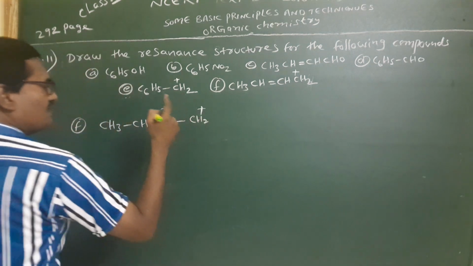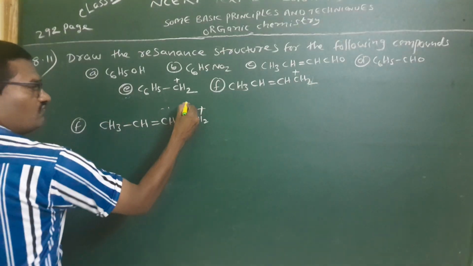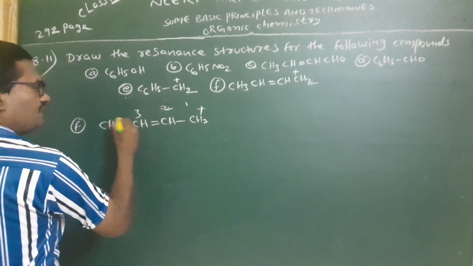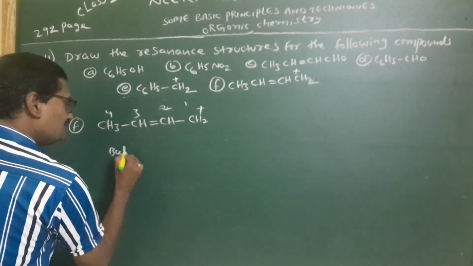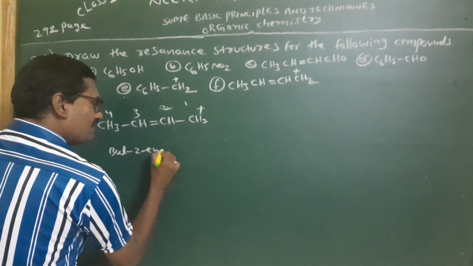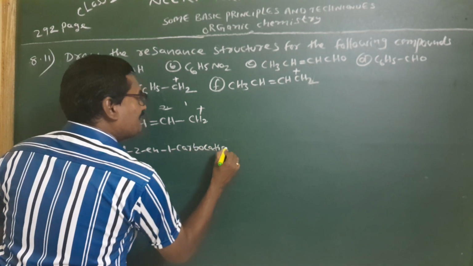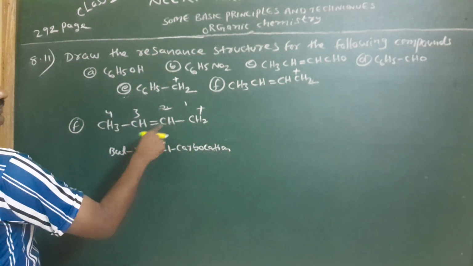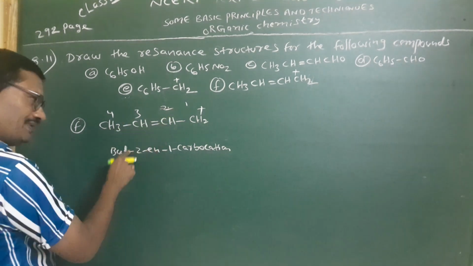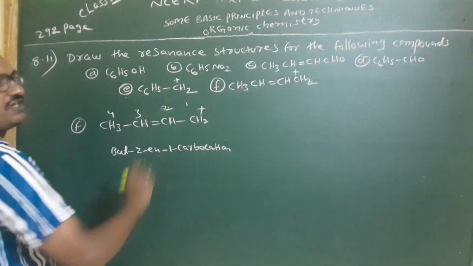Its name is, 1, 2, 3, 4, but-2-en-1-yl carbocation. But with 4 carbons, E at the second place, so the carbocation is at the first place.